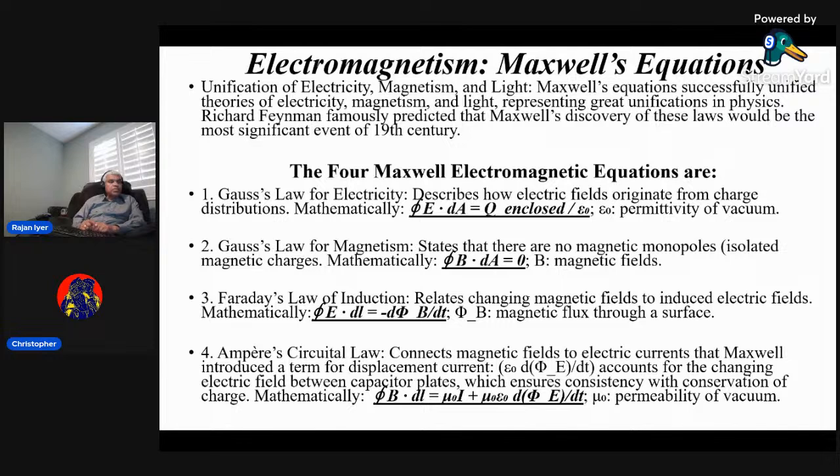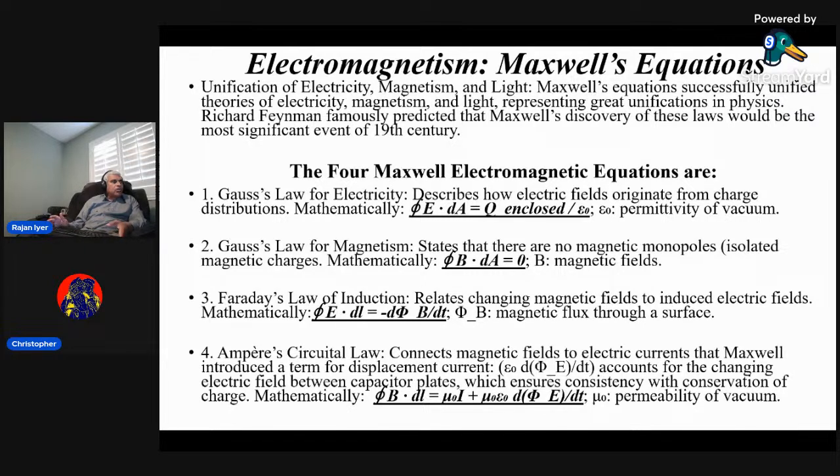Then he said that the electric field, for example current through a wire, is connected with the change in the magnetic flux through the surface. So that is a very, very important law. That was the third one.